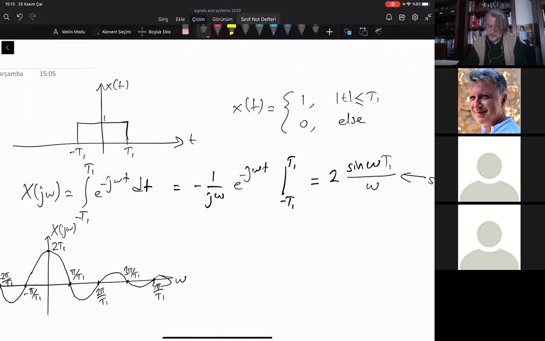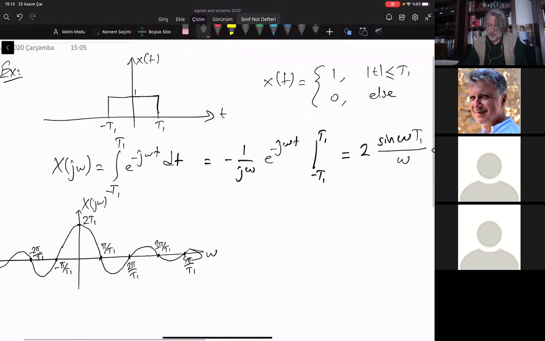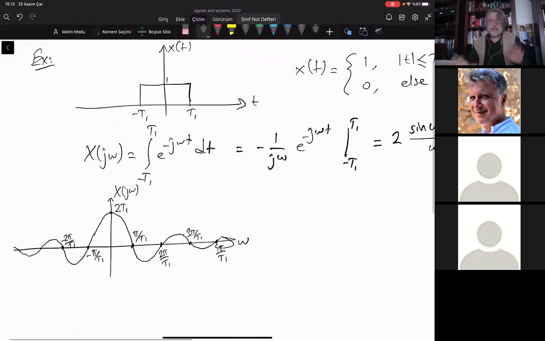And now I'm indicating another relatively important observation. Now notice where we start from. We start from minus t1 and go up to t1. If the width of the box becomes larger, so we are stretching the signal to make it a wider signal, that makes t1 larger.